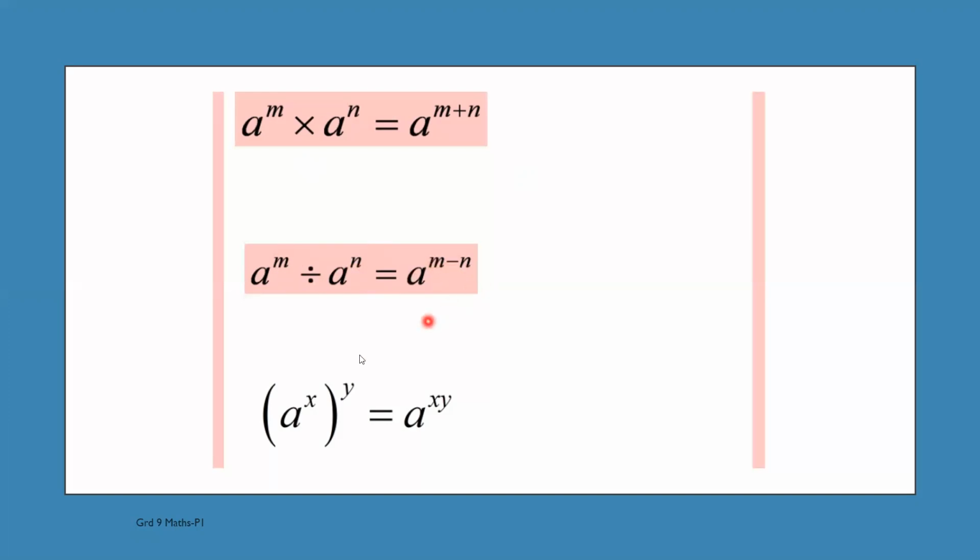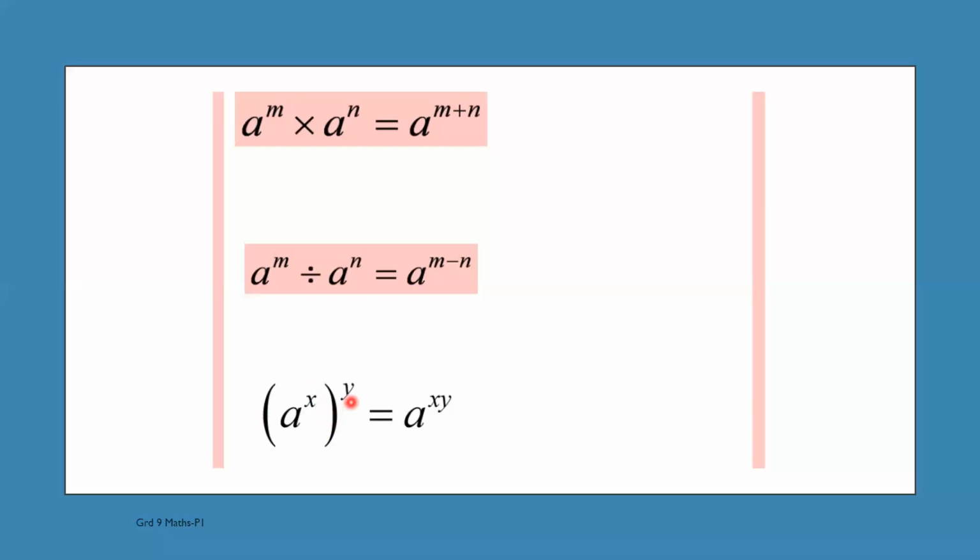All right, and then we have this rule here, a to the power of x in the bracket, and then I have to the power of y, right? So that equals a to the power of x times y. Guys, this is called the power of power. Remember, the power of power will be multiplied. So a to the power of x is a term inside the bracket.